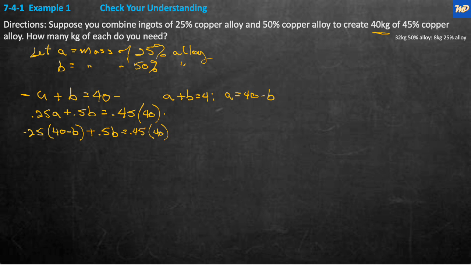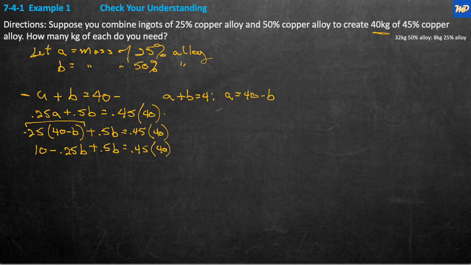Okay, so now we'll take care of the distributive property right here. 0.25 times 40, a quarter of 40 is 10, minus 0.25 B plus 0.5 B equals 0.45 times 40.